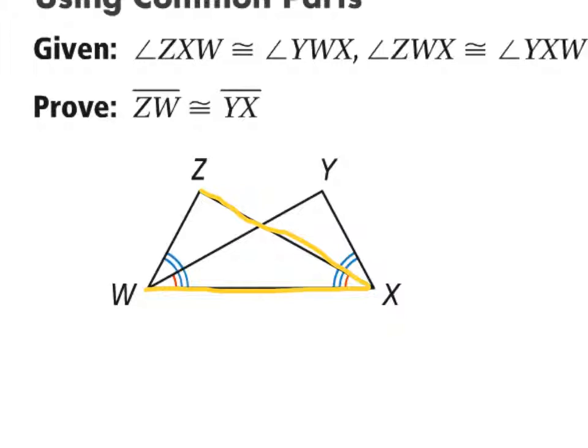And so then we mark this one. That little angle is the one they're talking about. So there's angle ZXW. That is congruent to angle YWX. And so starting at YWX.